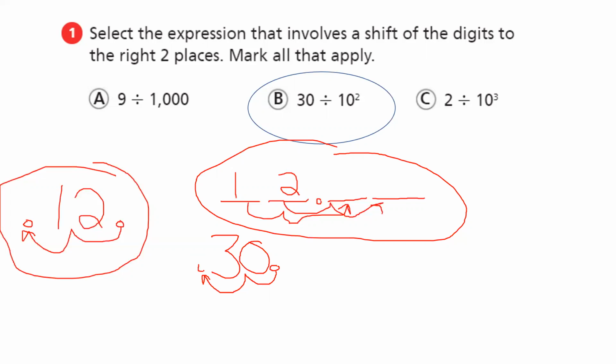So therefore, it turns into 0.30. Okay? So the decimal moves 2 spots left, or you could look at it like the digits themselves jumped backwards twice.